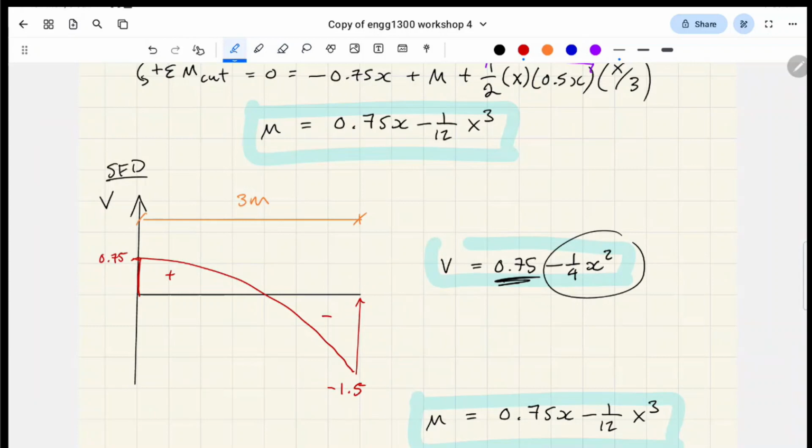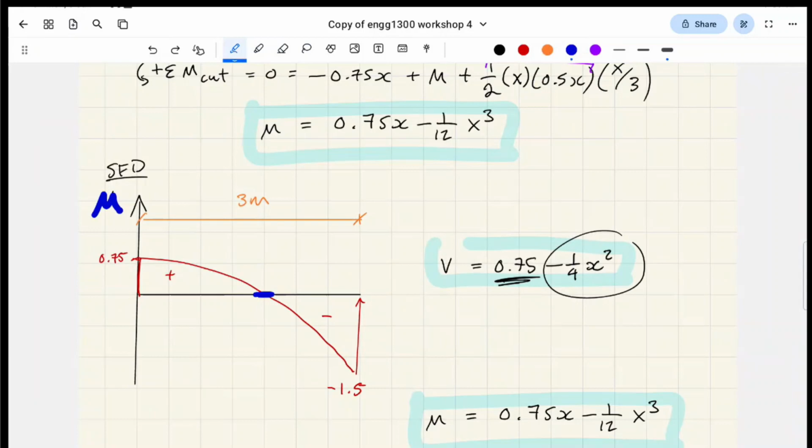And the question's asking for the max moment, yeah? And so before we plot the bending moment diagram, just have a think about this. I'm going to overlap this in blue, pretending it's the bending moment diagram. Once it reaches 0 here on the shear force diagram, that's where the max moment's going to be.